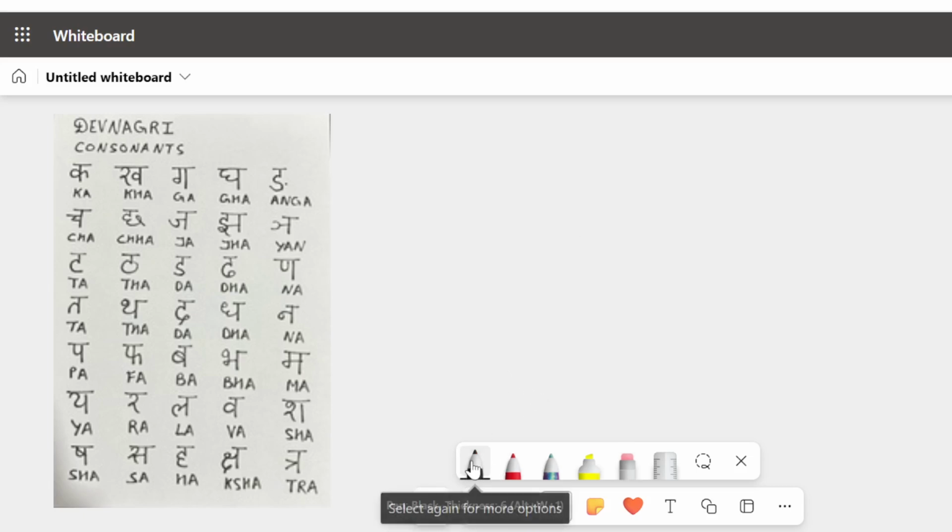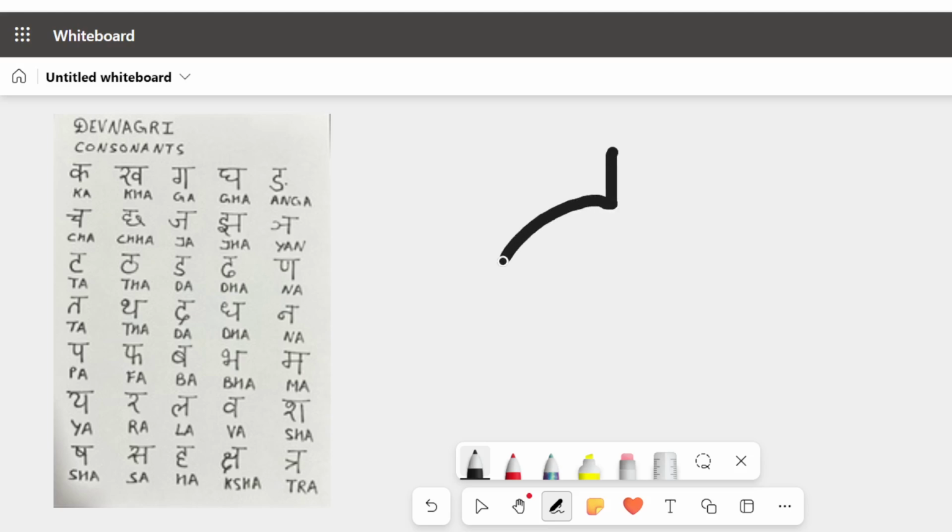The next letter is Dha. It is retroflex aspirated D. To write this one, start with a small line. Then a big C is drawn connected to it, and the end of it is curled inward like this. Then the line on the top.